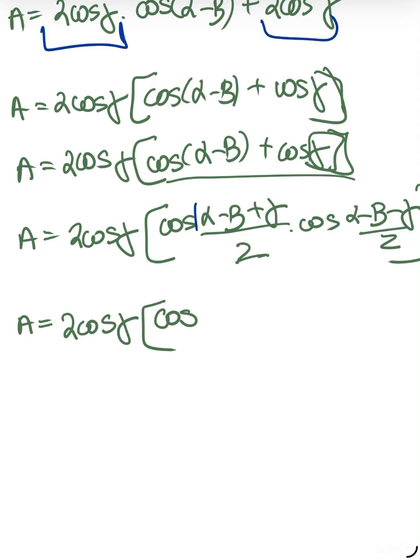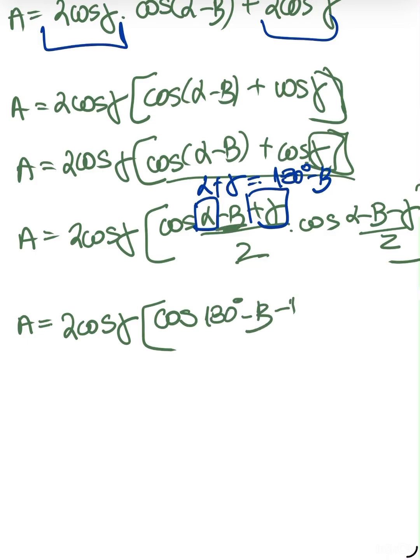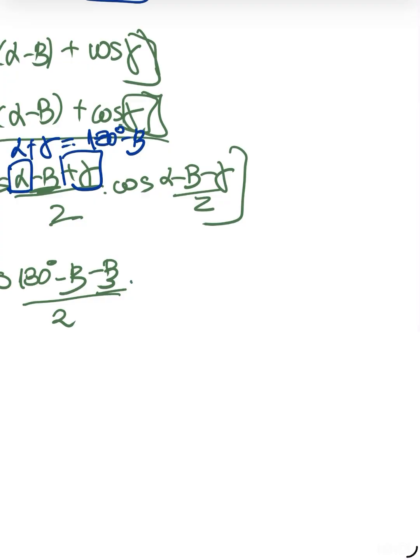Now let's look at the additions. For example, gamma plus alpha is equal to 180 degrees minus beta. So in the first term we obtain 180 degrees minus beta, and here we remain with one beta more, and the whole thing is divided by 2. And here we have cosine.